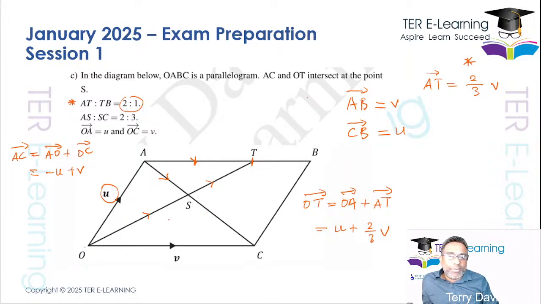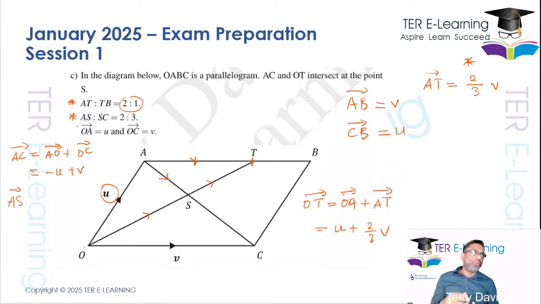Now remember the objective is to figure out OS, but I can figure out what AS is, based on this statement here. You see the line AC is being divided in a ratio 2 to 3. So you're breaking up that line into 5 equal parts. I want you to understand what we're doing here.